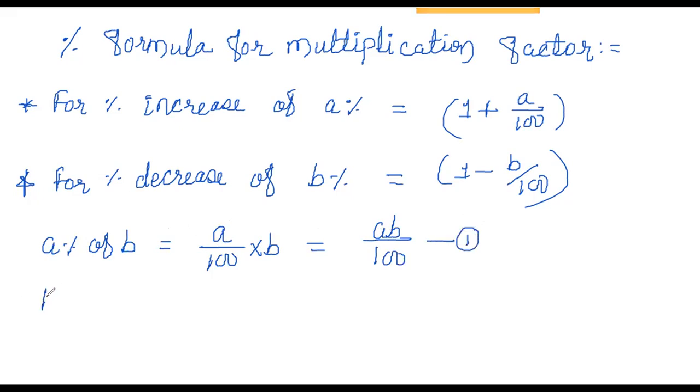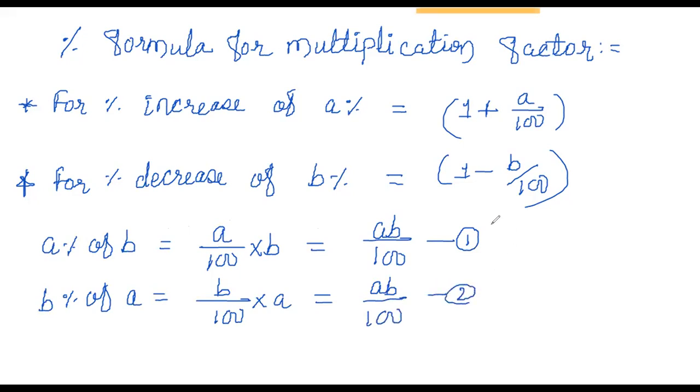Then B percent of A is equal to B divided by 100 into A, so it also gives AB divided by 100. So these two are the same. It is clear that A percent of B has exactly the same value as B percent of A. Got it? Now we will solve examples related to this.